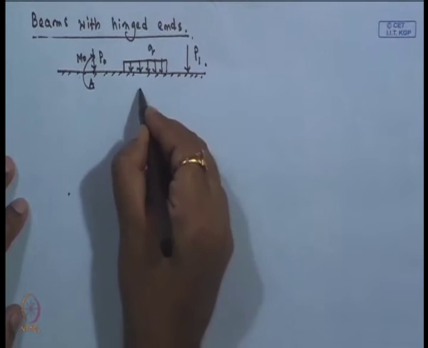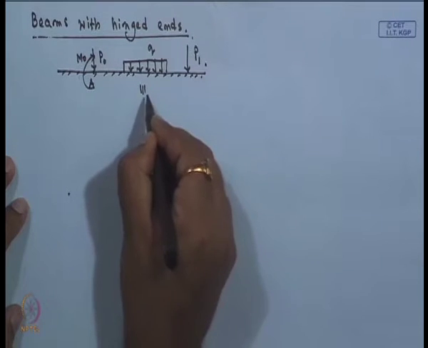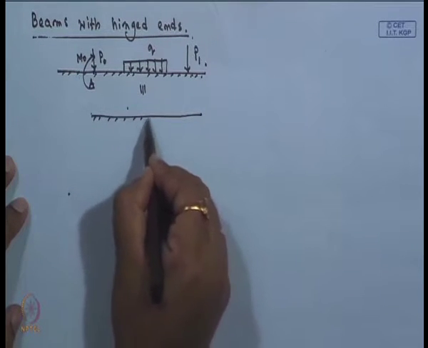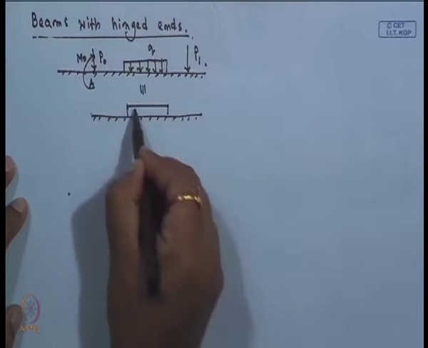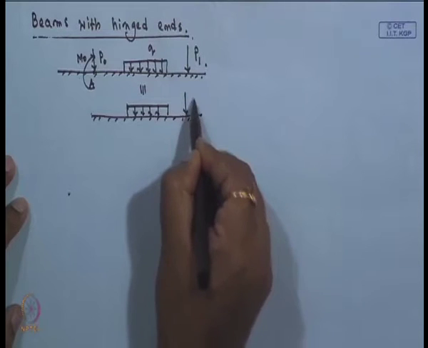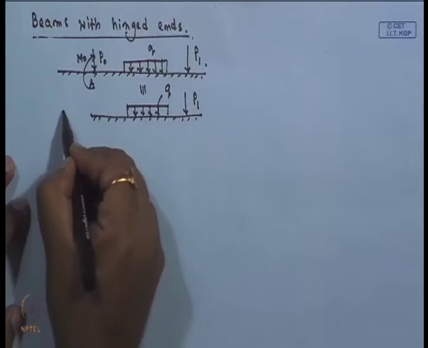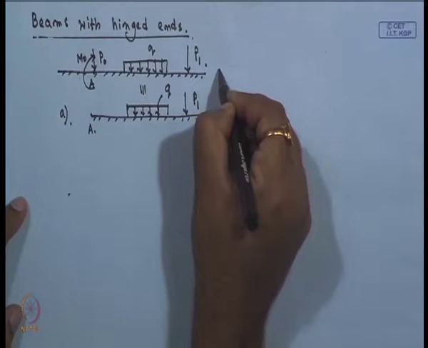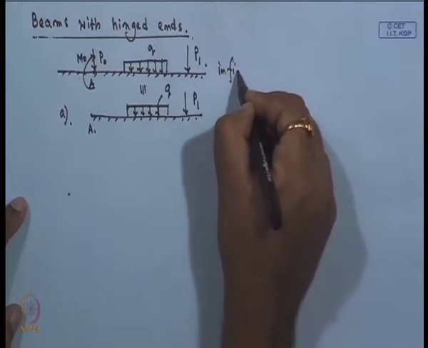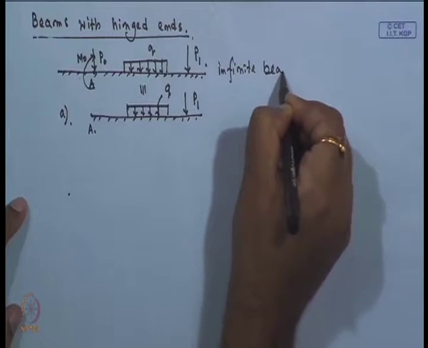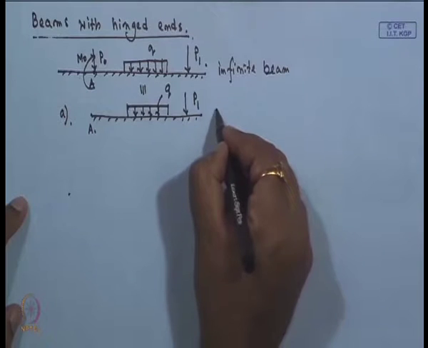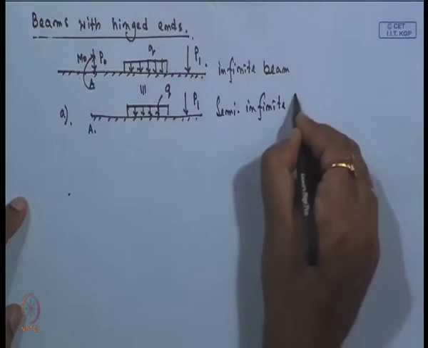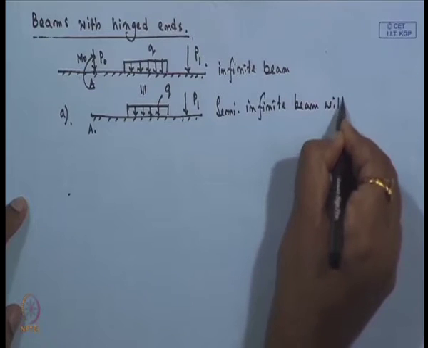Now, that will be equivalent to this condition, with this P 1 and Q. This is for case A, where this is an infinite beam, and this is the same condition, that is a semi infinite beam with free end.